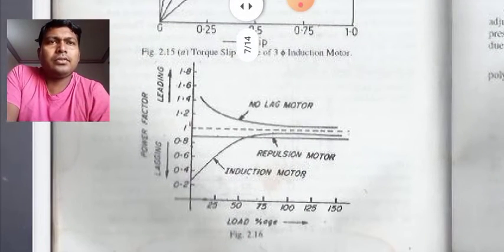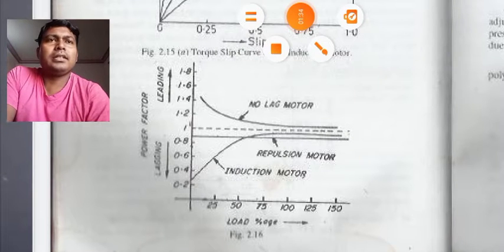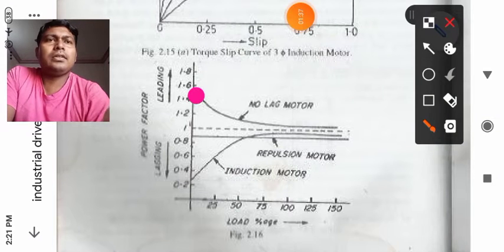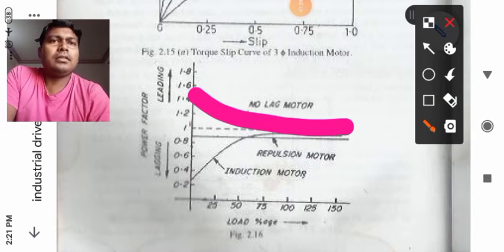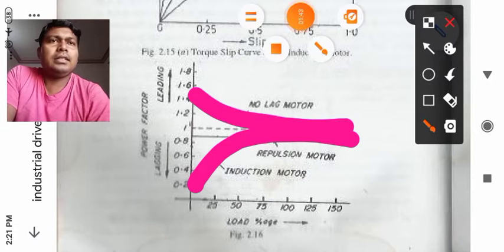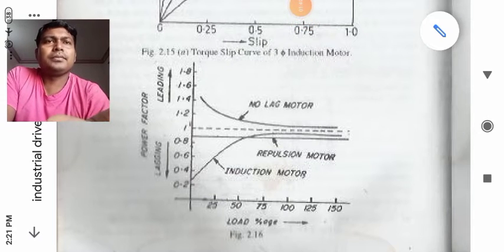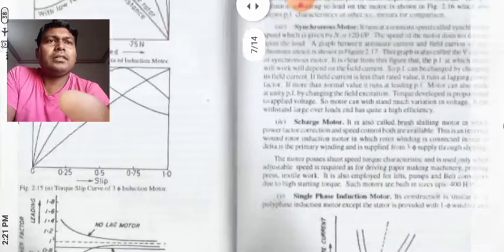Now in this diagram, as you can see, this one is for the no lag motor, and this one is for the repulsion motor. This is the graph between load percentage and lagging power factor. Now let us discuss it further.